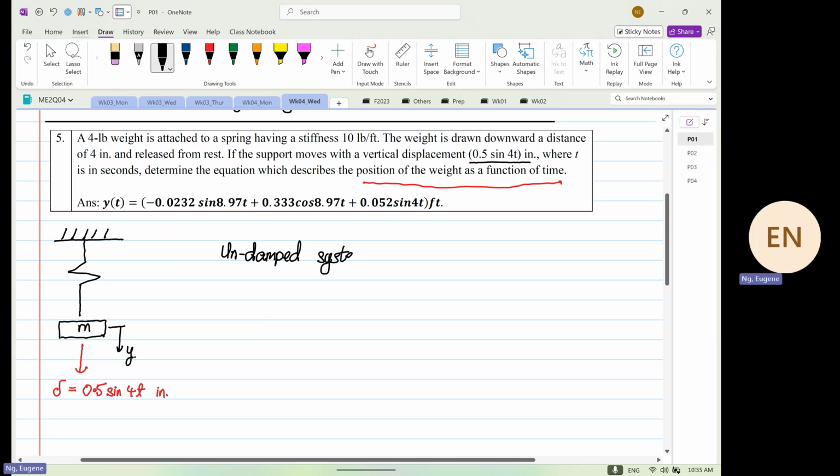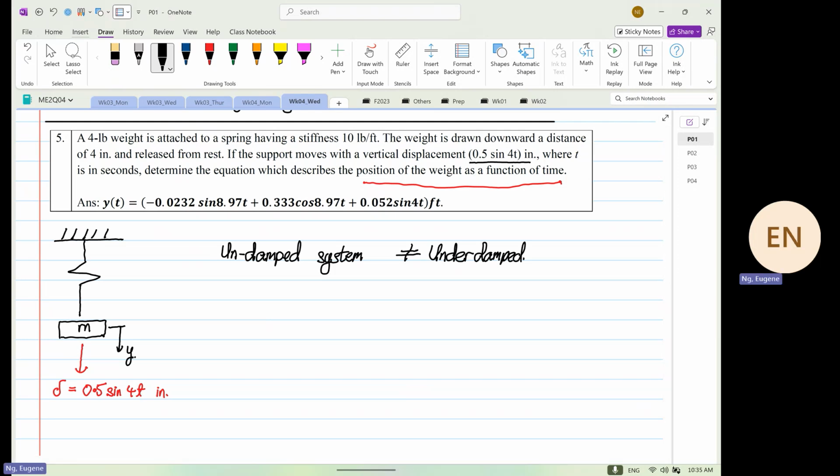I like to highlight this because the term test is next Friday. I want you all to be very sure that undamped is not equal to underdamped. From far, it looks the same. From near, it's not the same. When I was your age, I thought it was the same thing, same thing, different smell.